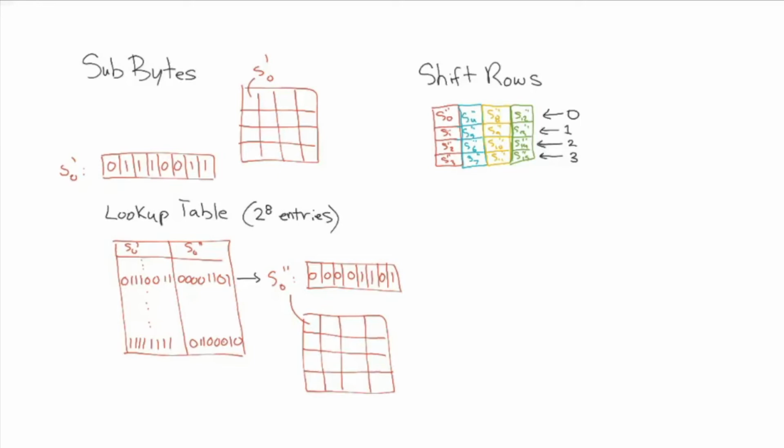The next one, which is S4 double prime to S7 double prime, is blue, and so on and so forth. And to the right, you can see that I've labeled all of the rows. So we have 0, 1, 2, and 3. So when we perform our ShiftRows operation, it's going to produce a new 4x4 matrix that looks something like this.